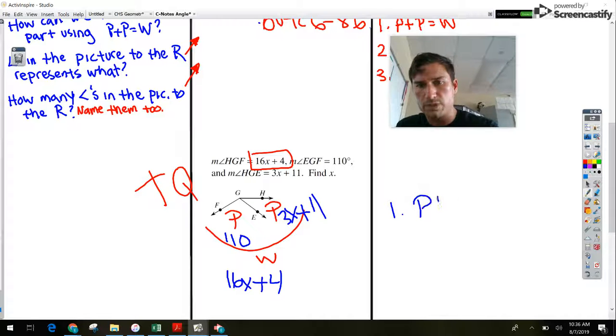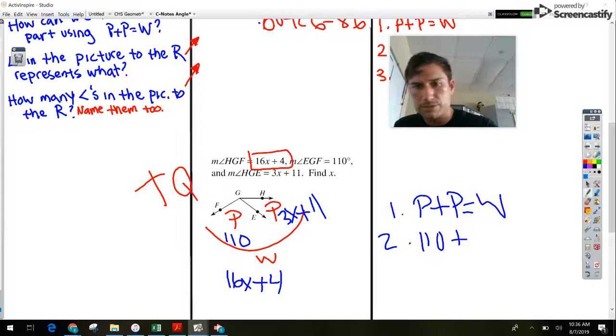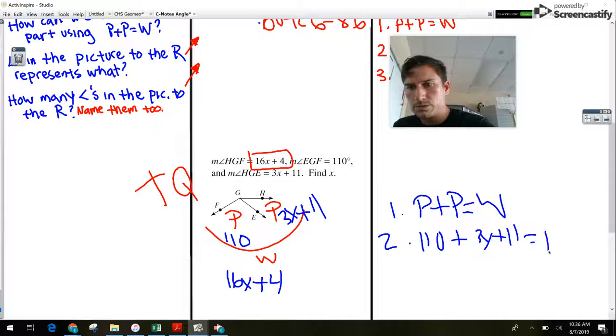Use the formula: part plus part is equal to whole. We have everything labeled up. So the first part is 110 plus 3x plus 11 equals the whole, which is 16x plus 4.